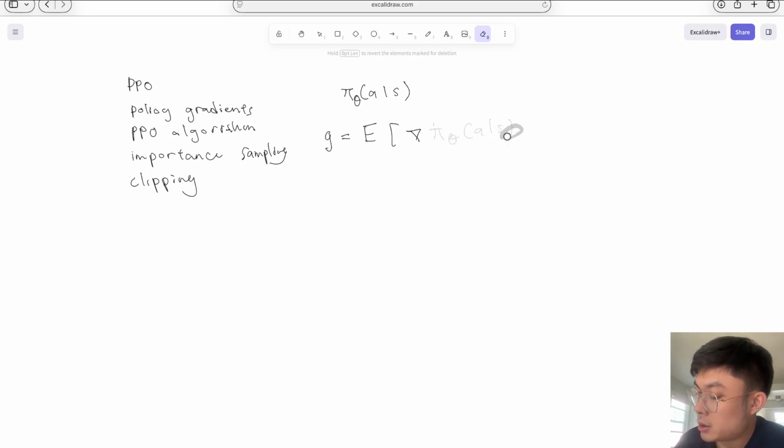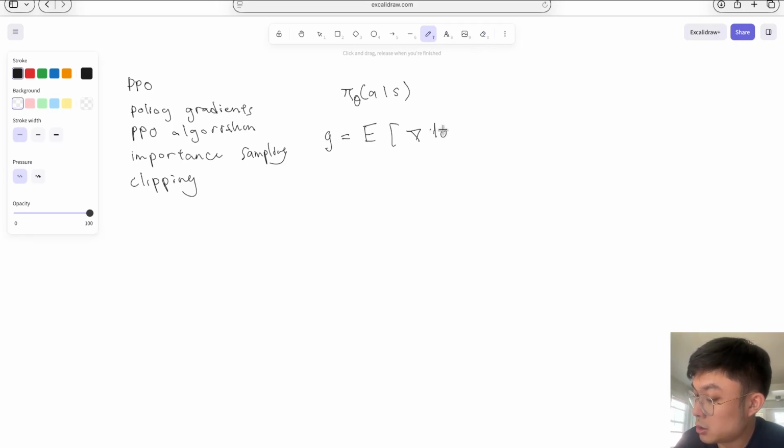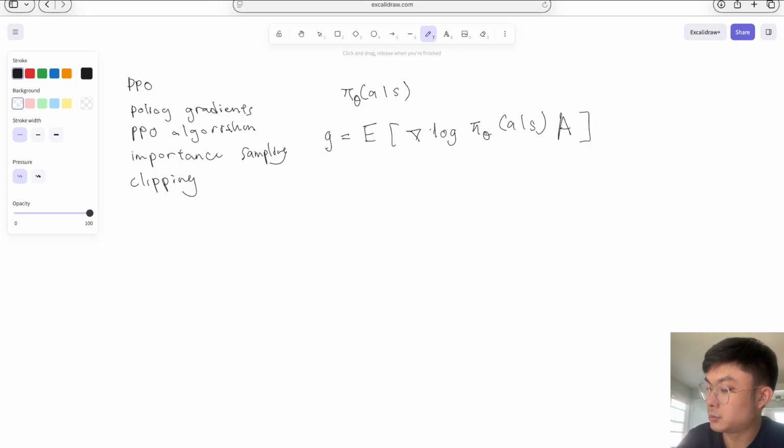With some mathematical trick, it is typically represented as the log multiplied by the advantage. It is quite expensive to calculate the full expectation, so typically we just take the Monte Carlo estimate. You just treat E hat as the Monte Carlo estimate, and this will give us a good estimate of the policy gradient itself.